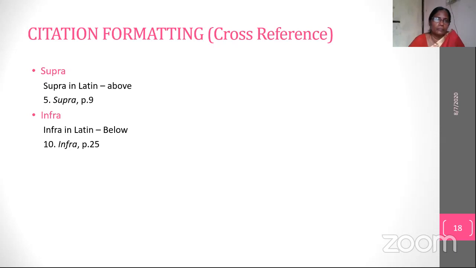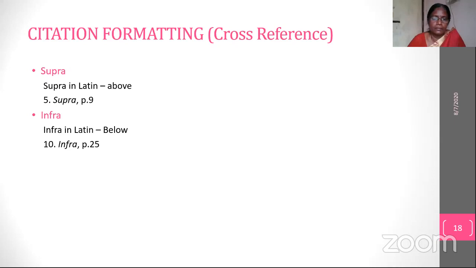Supra means above. Infra means below. So in the footnote or in the endnote, to refer to my research paper, I have to use the word Supra.